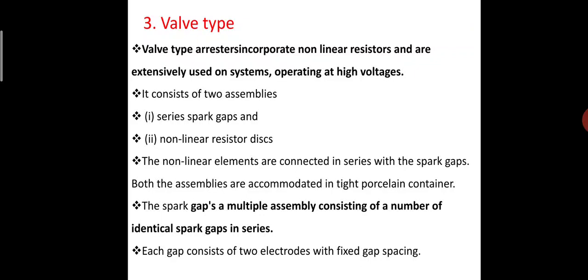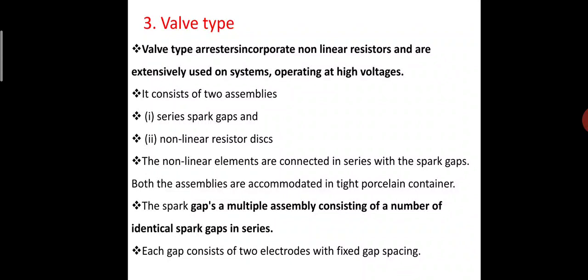The divided spark gaps and the non-linear resistor elements are placed in a leak-tight housing to ensure reliable protection against atmospheric moisture, condensation and humidity. This is the valve type lightning arrester.